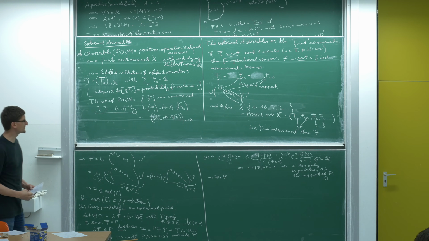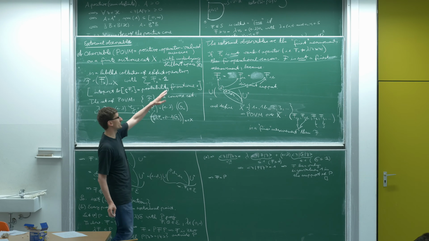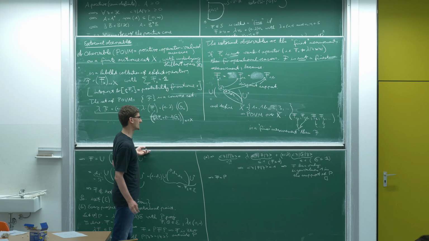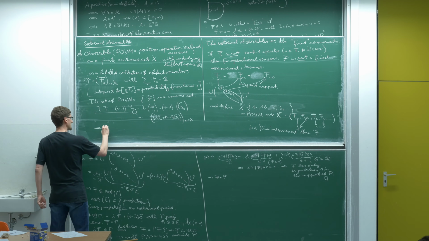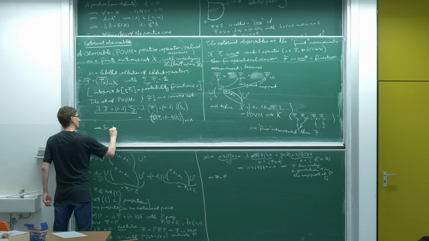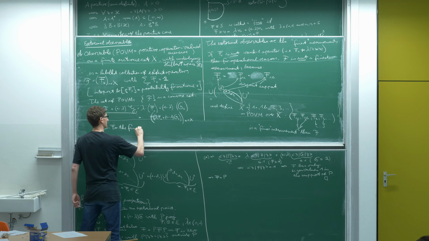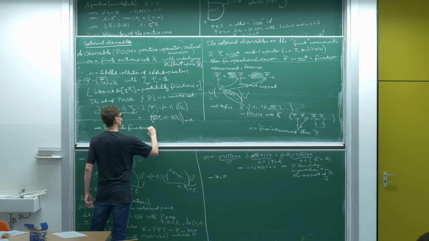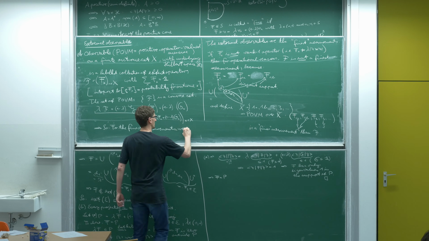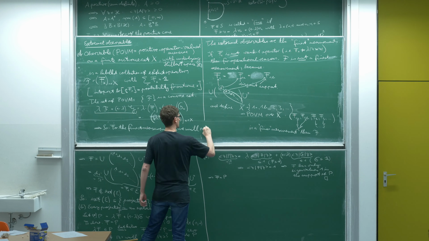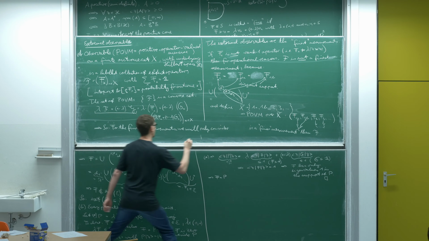So when we ask for the finest observables, we will only ask for such observables which have rank 1 effect operators. So let me write this down as the last sentence. For the finest measurements, we will only consider rank 1 POVMs.